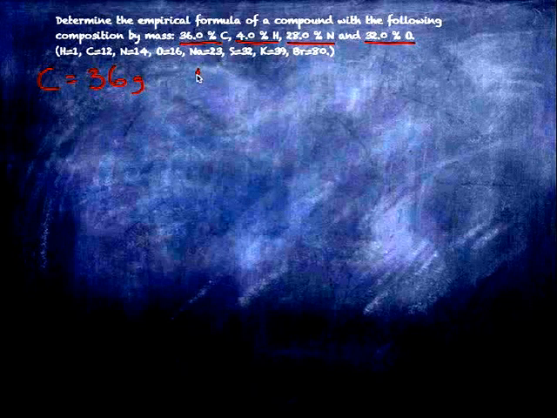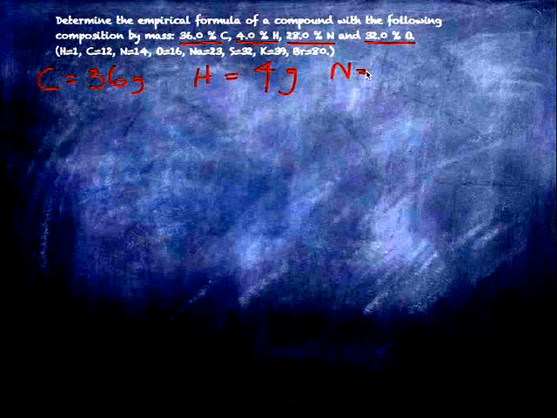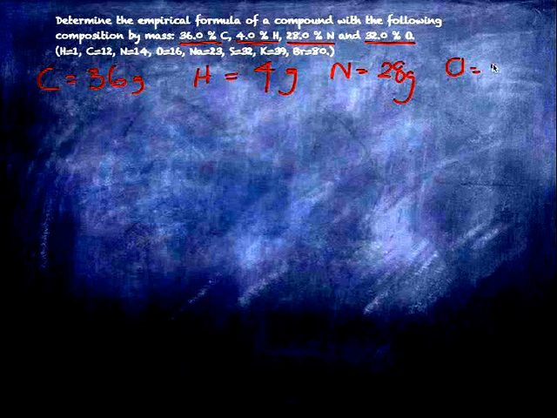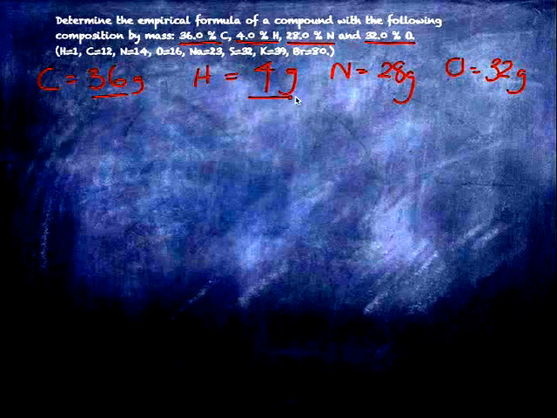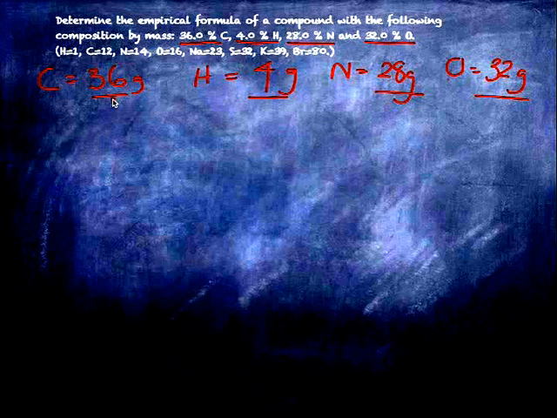We can work with hydrogen at 4 grams. We can work with nitrogen with 28 grams and oxygen 32 grams. Same thing, we've got to find out how many moles we have of each of these elements.